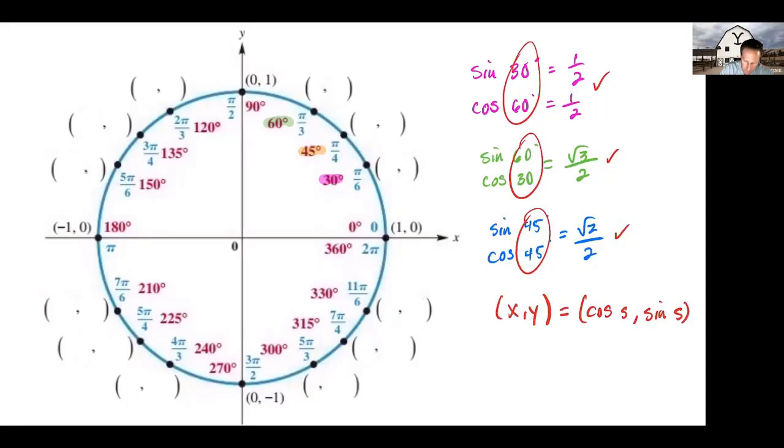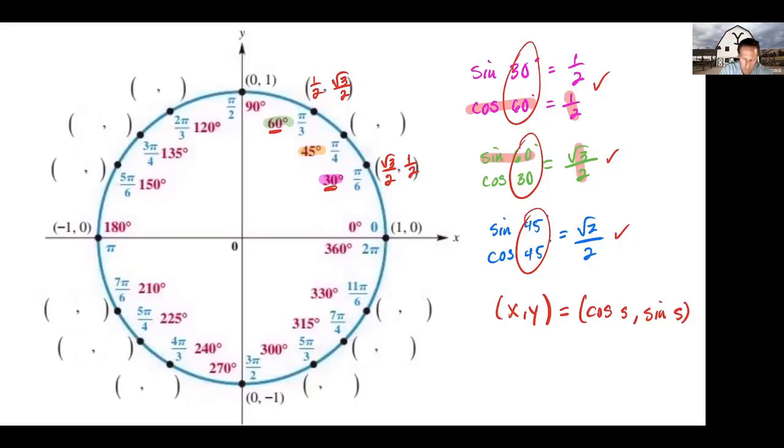So for the first one here, the sine of 30 we know is 1/2, and the cosine of 30 is the √3/2. Which, since I know 30 is the complement to 60, then I can just reverse these here. The cosine of 60 is 1/2, and the sine of 60 is √3/2.